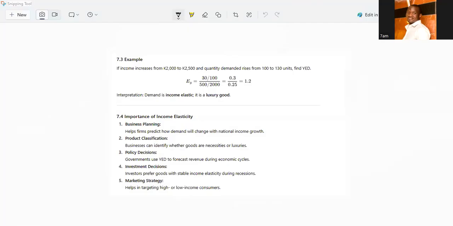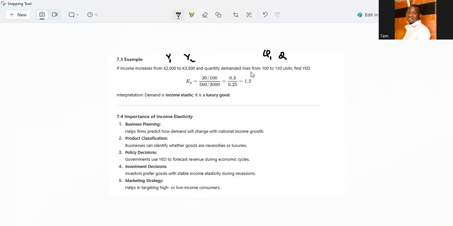It is simply change in quantity over quantity, divided by change in income over income. So here we have income 1 and income 2, quantity 1 and quantity 2.